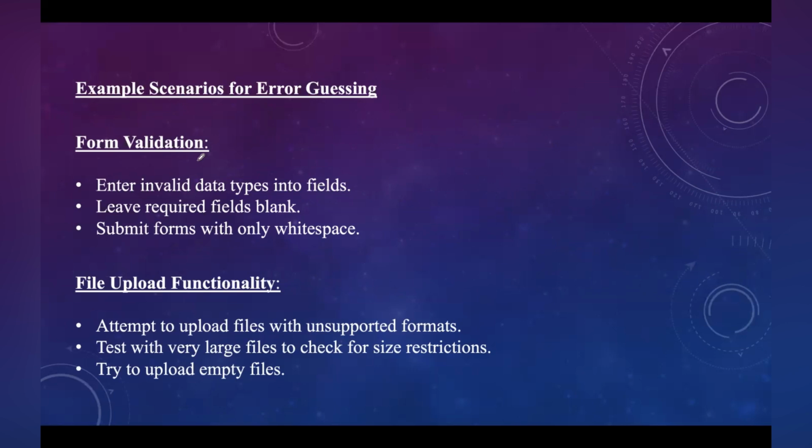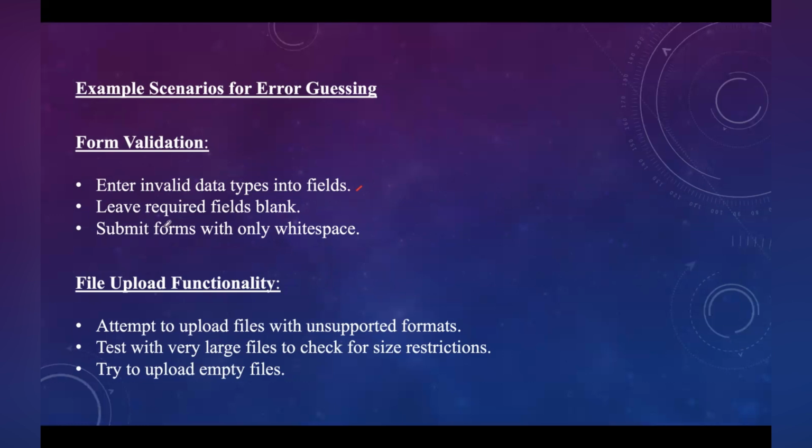First one is form validation. Say enter invalid data types into the fields to check whether the system is able to identify the invalid data types, or whether it generates an error if you provide an invalid data type.